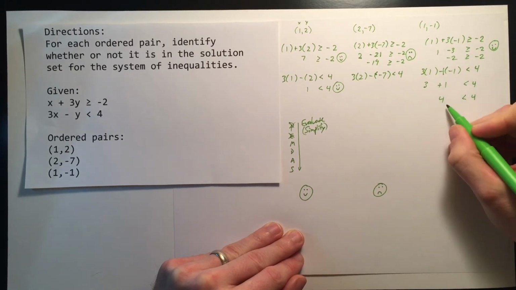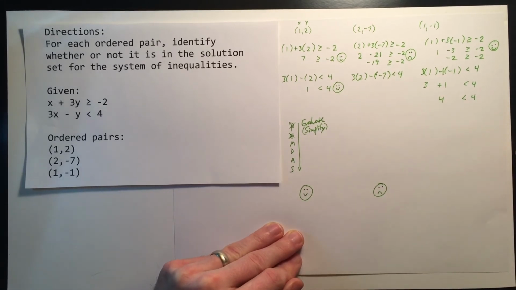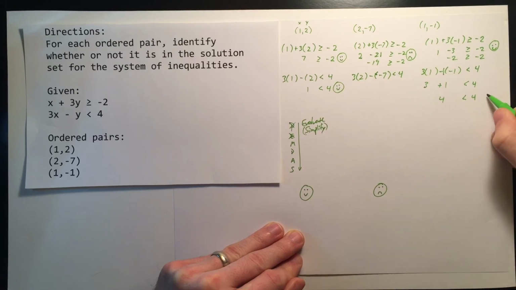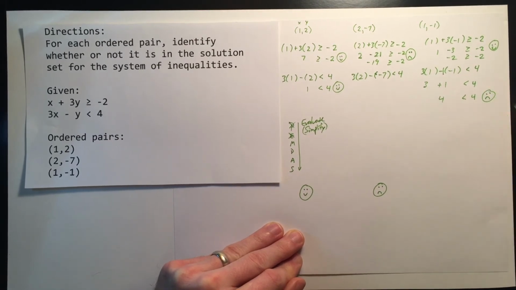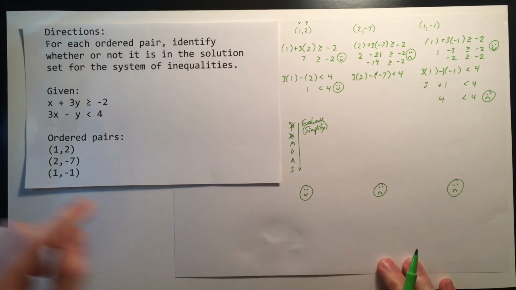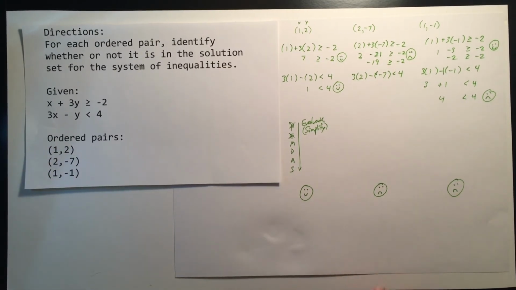Is it less than 4? No, it's not. It is equal to 4, but we don't have that extra equal sign under the inequality symbol, so this says is 4 less than 4? 4 is not less than 4. And so the answer to this one is no. So, yes, no, no. All right, those are the answers to this problem.